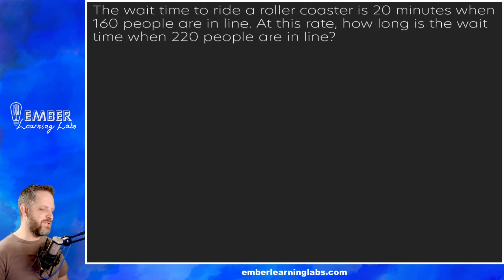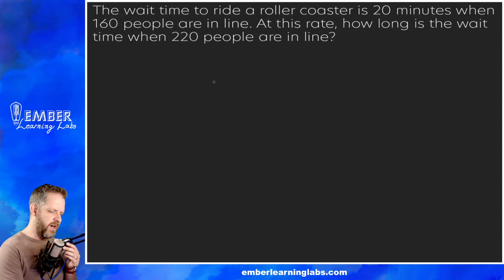The wait time to ride a roller coaster is 20 minutes when 160 people are in line. At this rate, how long is the wait when 220 people are in line? When we're writing a proportion from a word problem, it can be really useful at the beginning to put the units in there because we need to know which things go where.